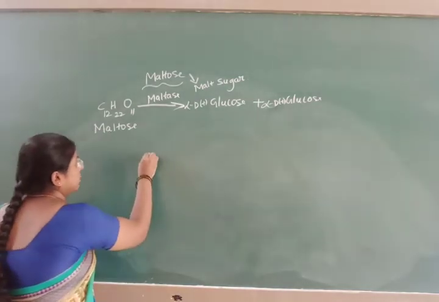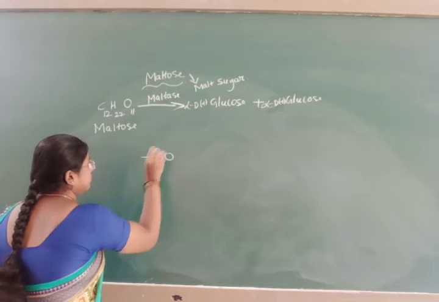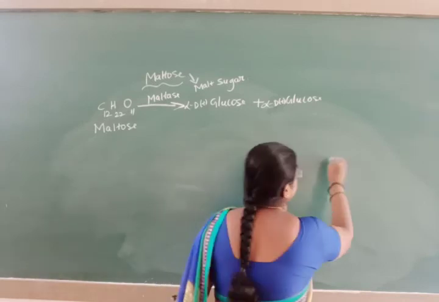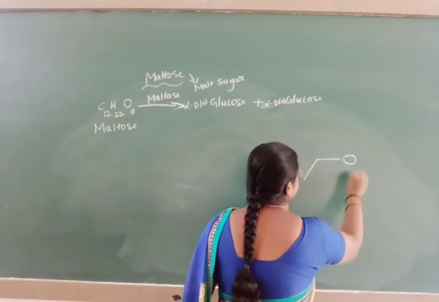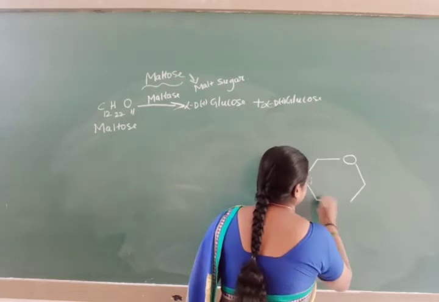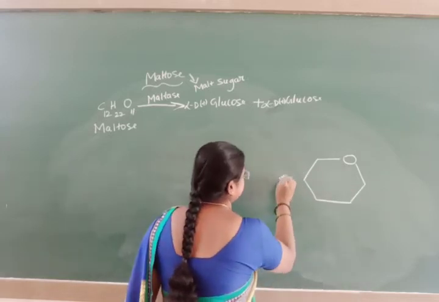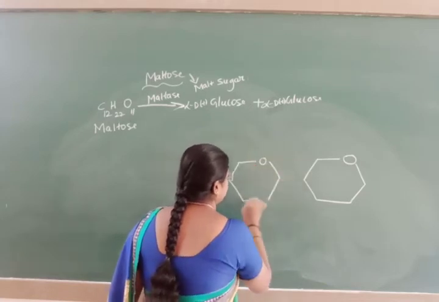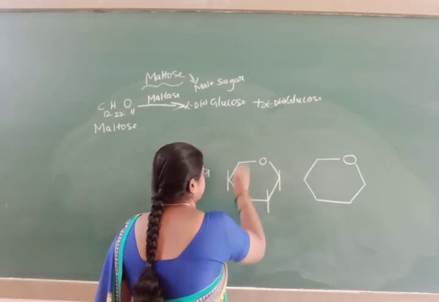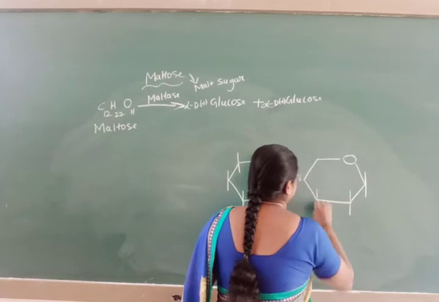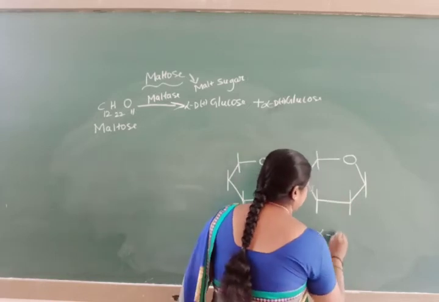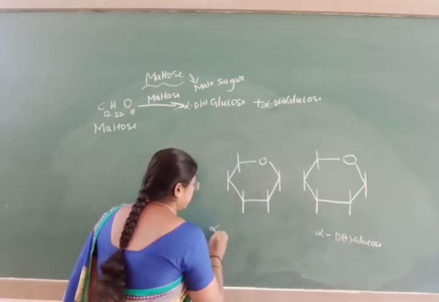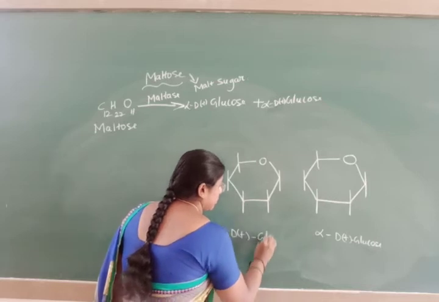Let us write the Haworth structure. This is one alpha glucose unit, and this is another alpha glucose unit, both alpha D plus glucose.